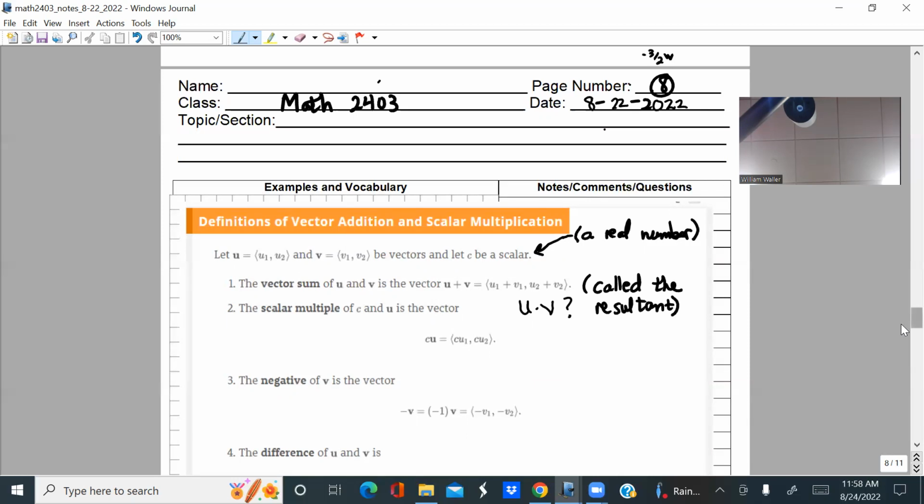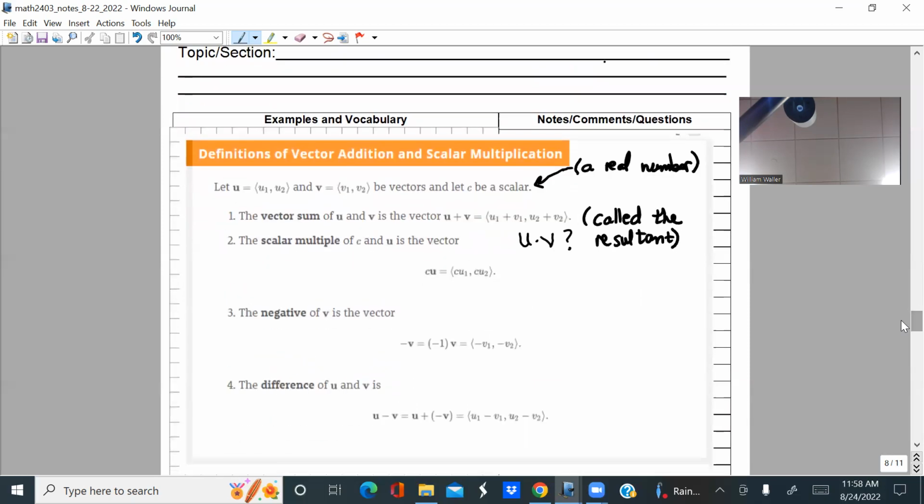If you wanted to take u minus v, subtracting these two vectors, that would be the same as taking u plus the negative of v. But we know what the negative of v is. We just talked about that.